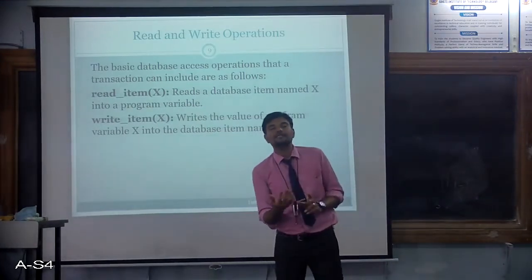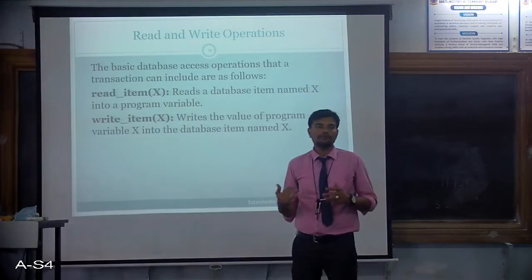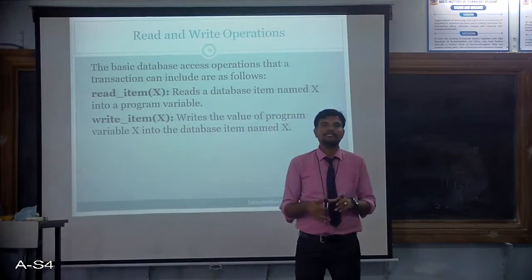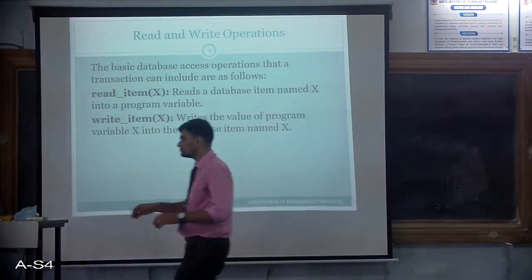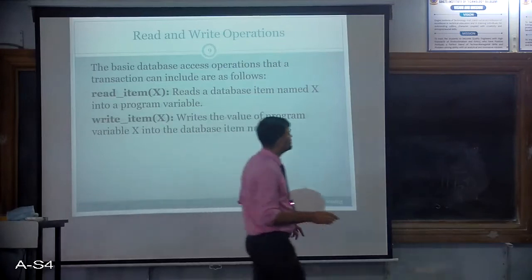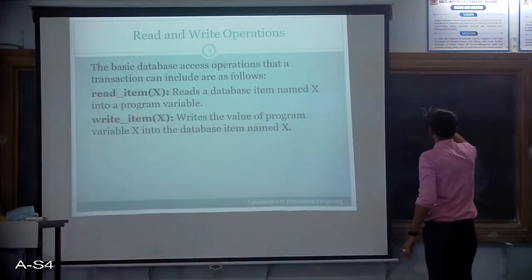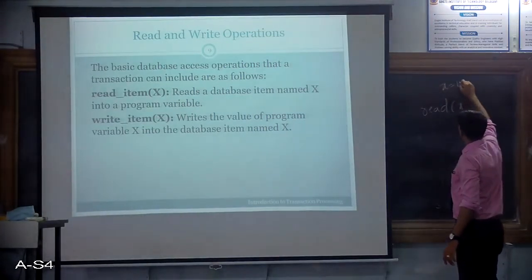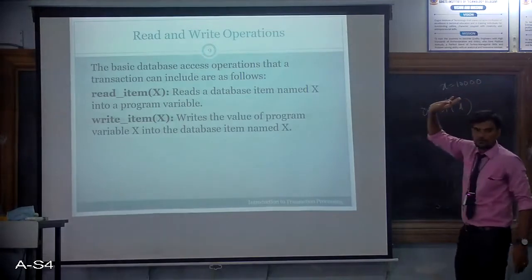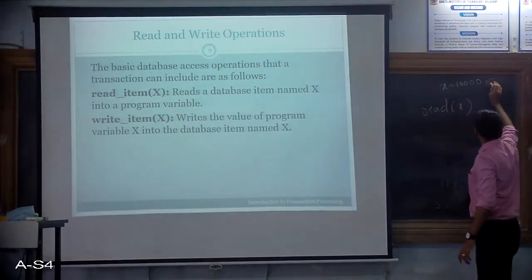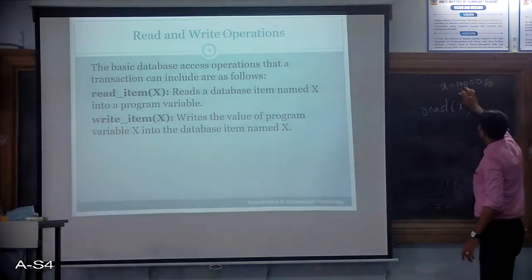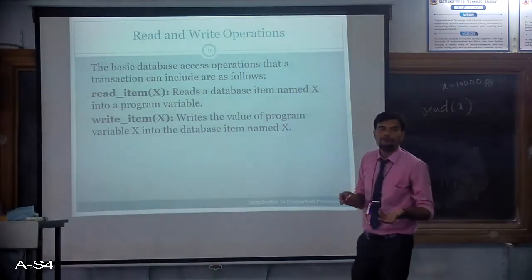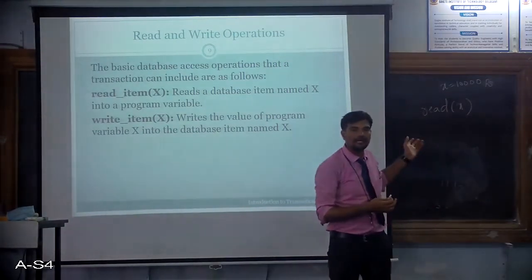So here I am just reading the value of X. Whatever value is stored in X, maybe it is 20,000 rupees or 15,000 rupees, I am just reading that value, read of X. For example, X = 10,000 rupees, and that value has been read. That is nothing but read item of X. We are reading the value stored in the variable X.